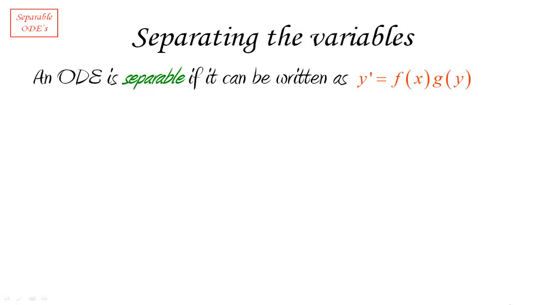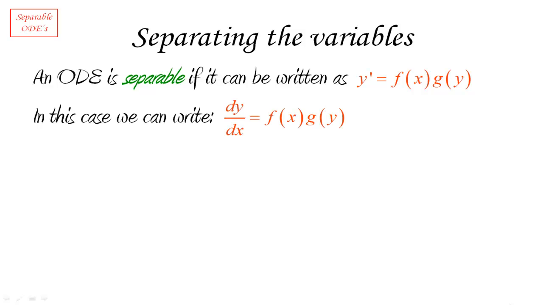Implicitly I can think of the right-hand side entirely as a function of x, but it presents itself as a product of a function of x and one of y. In this case, I can use Leibniz notation and write the left-hand side as dy by dx, and then obtain that 1 over g of y dy is going to be equal to f of x dx.